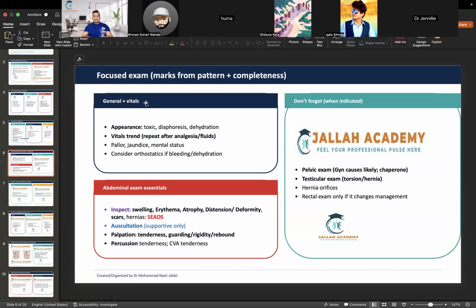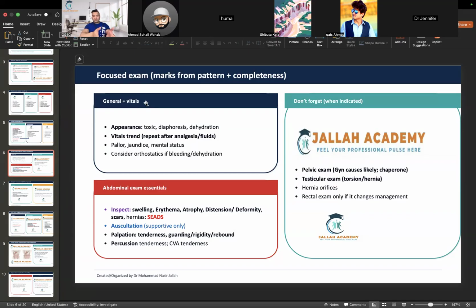For the focus, regardless of where you're inspecting, whether it's face, neck, chest, abdomen, knee, or pelvis area, cover the SEADS. What is the SEADS? Swelling, erythema, atrophy, deformity, distension.